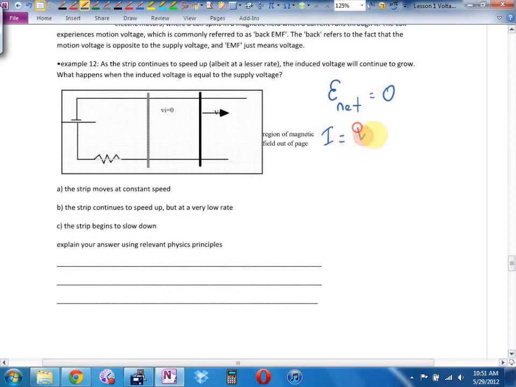And since I equals V over R, if your net voltage is zero, what's your net current? Zero. And since F equals BIL, if your current is zero, what's your net force? If there's no force, which of these must be true?